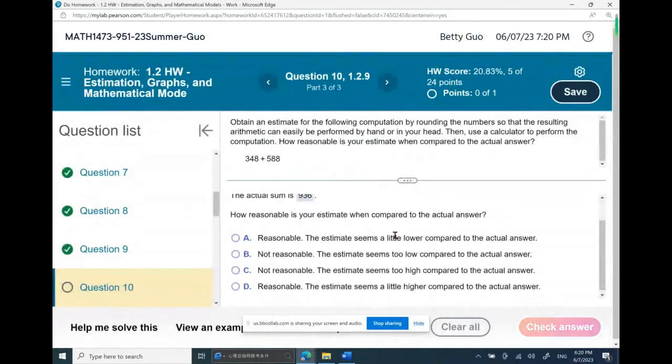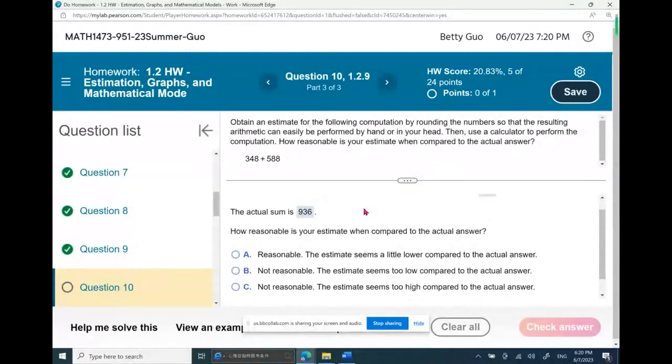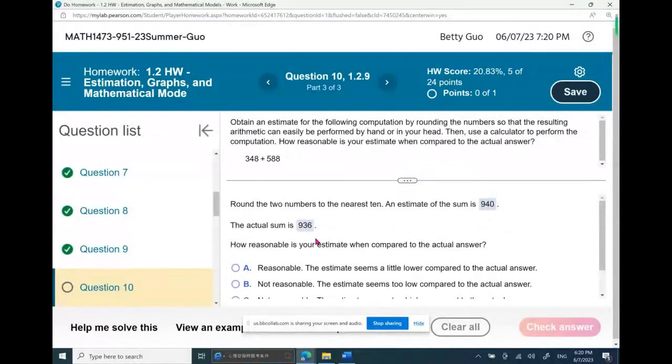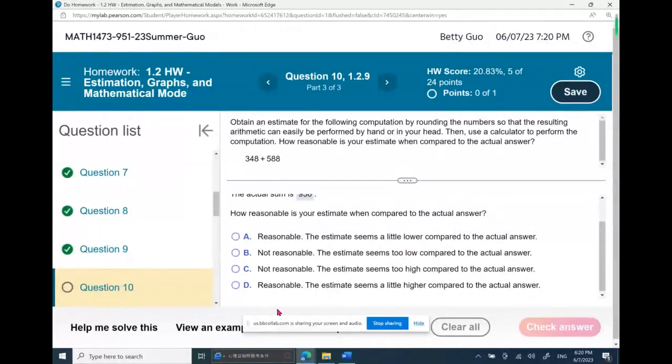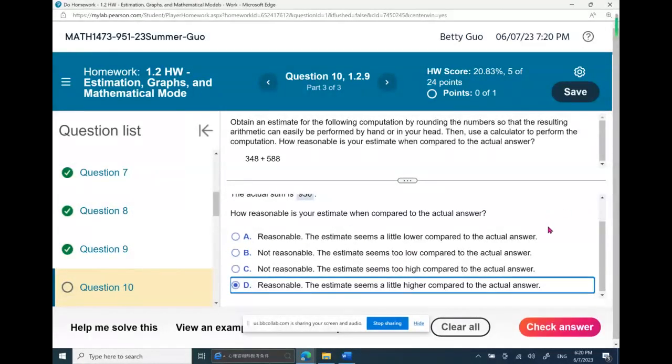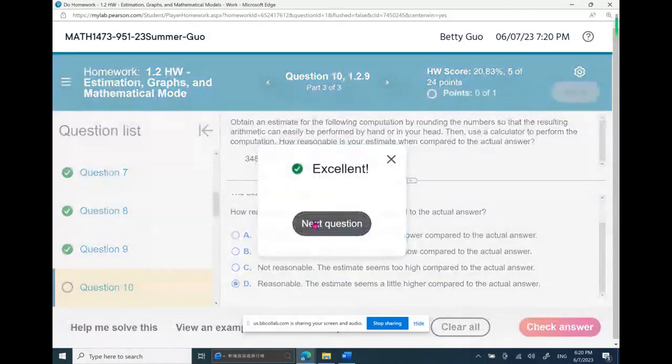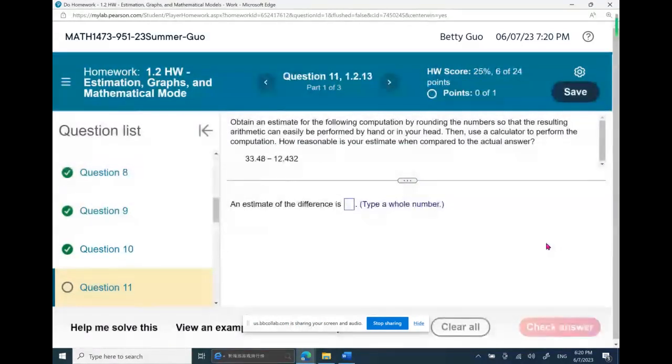Yeah. How reasonable is your estimation compared with the actual answer? Well, very reasonable, right? Very close. Only a little bit bigger. The estimate seems a little bit higher compared with the actual answer, and that's it. Very good. That's the 3 parts of that question.